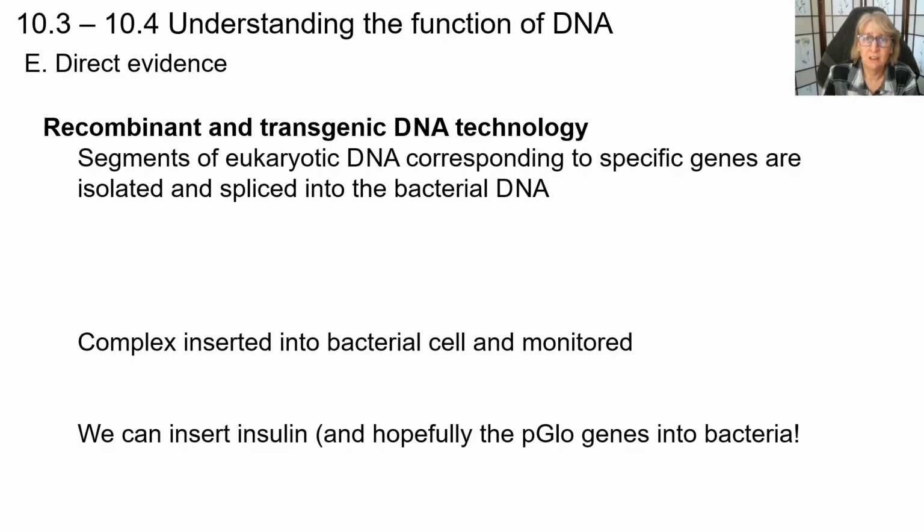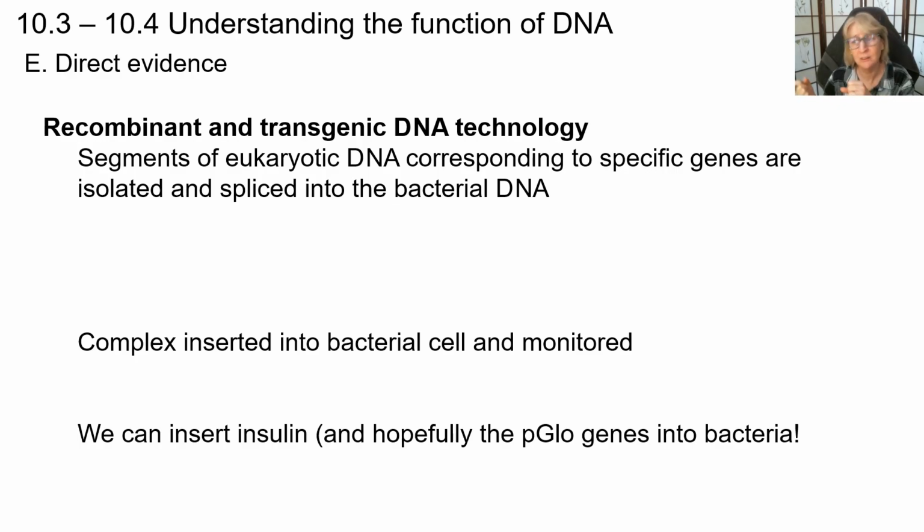We can look and link eukaryotic DNA segments to actual eukaryotic expression. We can tie this back to the idea of how do we look at the specific code in bacteria and then bring a eukaryotic gene and tie it to the bacteria and cause a bacteria to express a eukaryotic gene. Holy cow, this is what the pGlow experiment is all about.